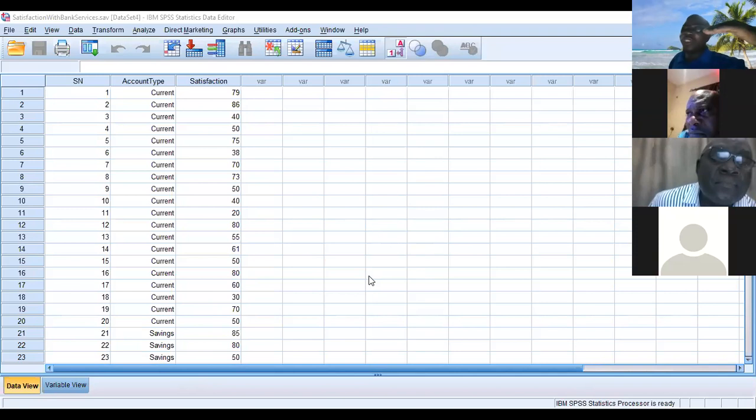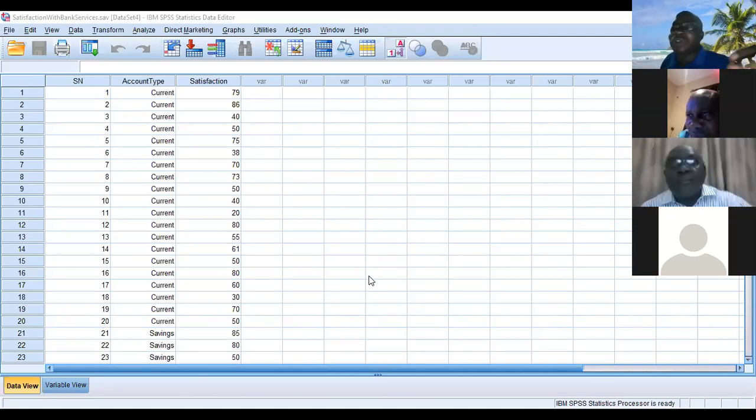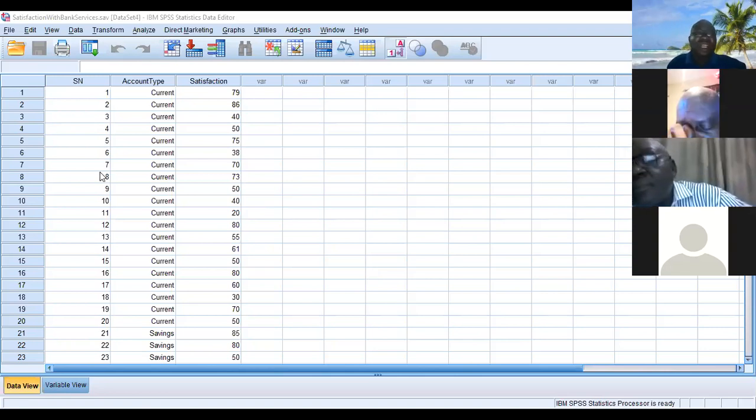Whereas drug and alcohol substance use are in series because they are independent. The same with current and savings accounts.